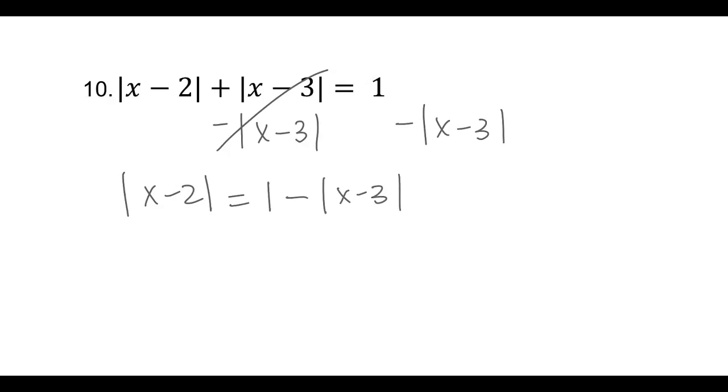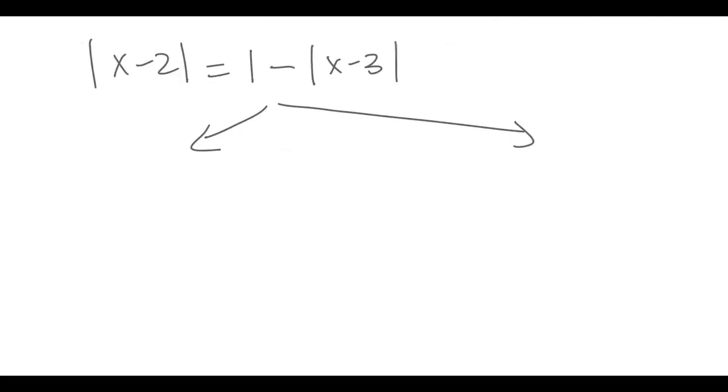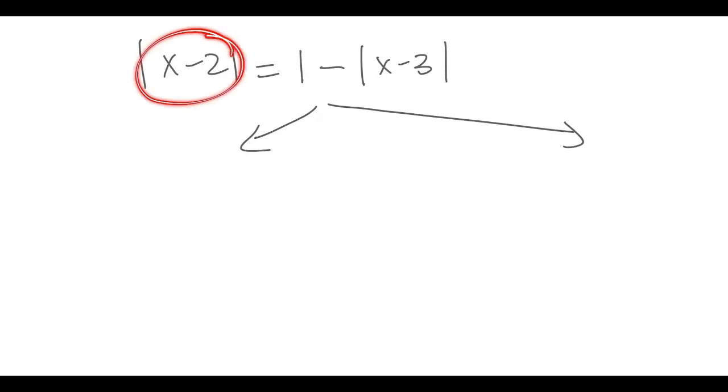From here, you are going to need to create 2 cases from this equation. All right, so let me write this out. I'm going to kind of draw one all the way over here and one over here. On the left, for this absolute value, we're going to rewrite it as x minus 2, gone from the absolute value symbol, is going to equal 1 minus the absolute value of x minus 3.